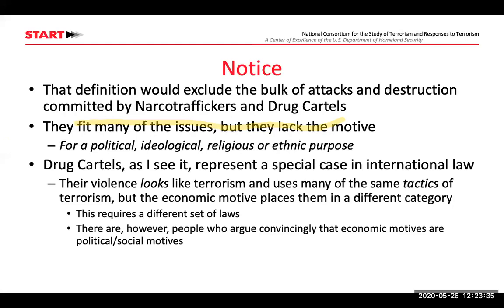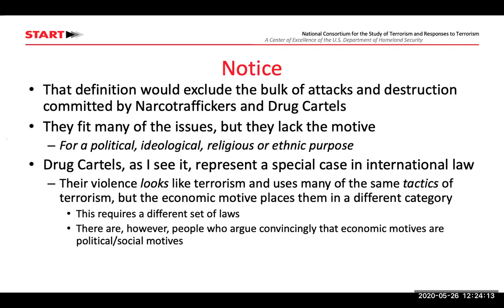Now, there are instances with drug cartels where you do have some interesting aspects. If you've seen Narcos, for example, or if you're familiar with Pablo Escobar's cartel, the sort of violence that they were doing fits organized crime, right? The laws that are there to meet and stop organized crime are longstanding.